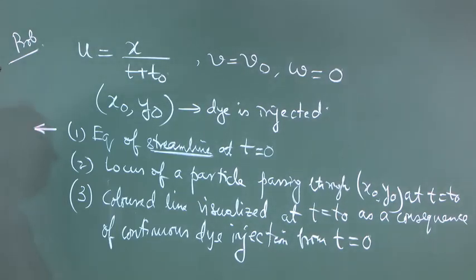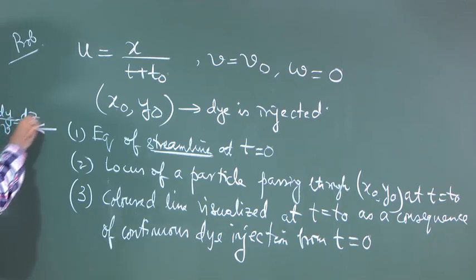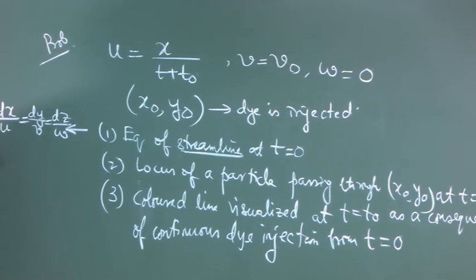So, equation of the streamline at a given instant of time is dx by u is equal to dy by v is equal to dz by w. Okay.